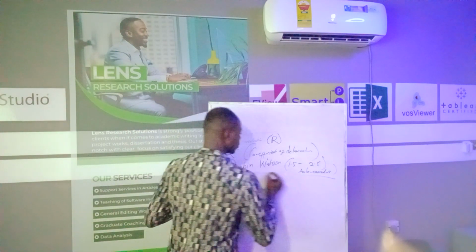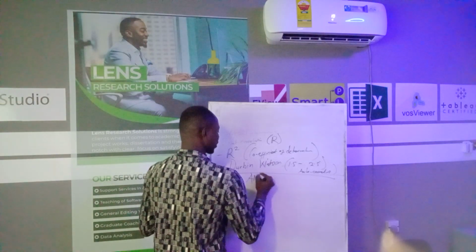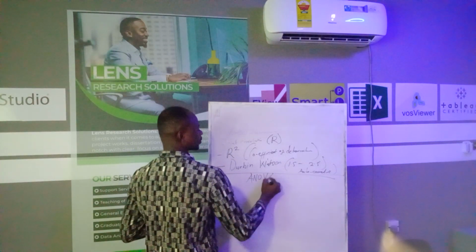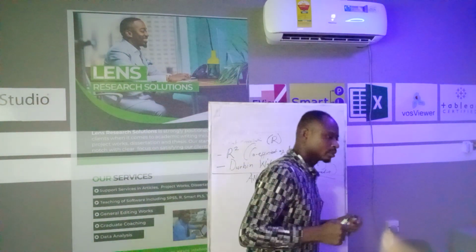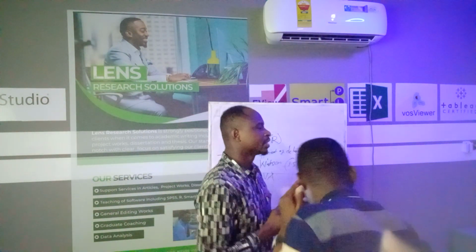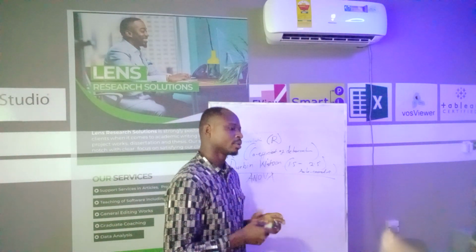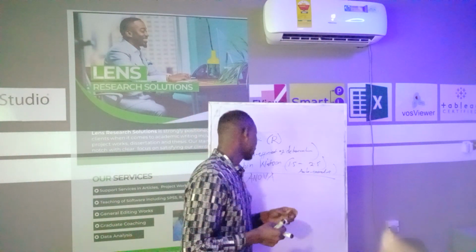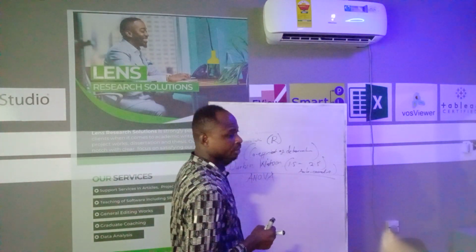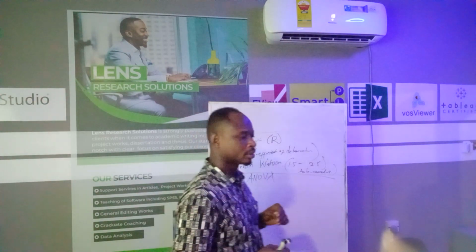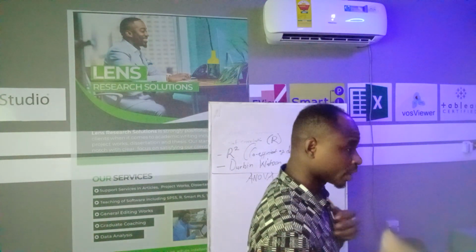Then we go to a table called ANOVA. The ANOVA tests the level of significance of the R squared.